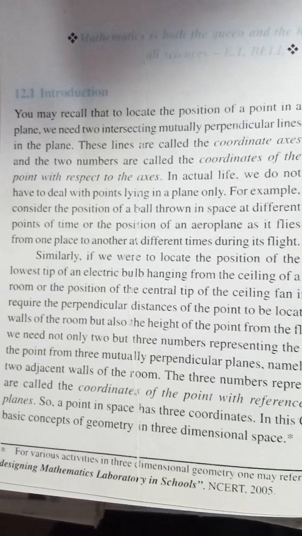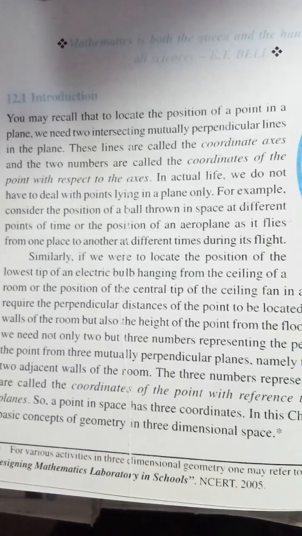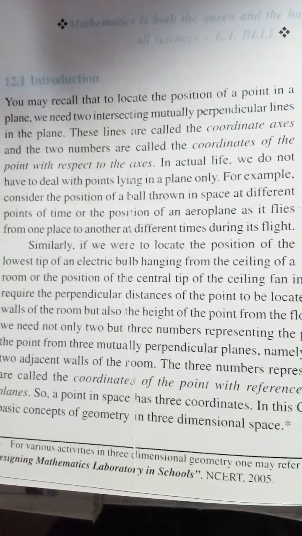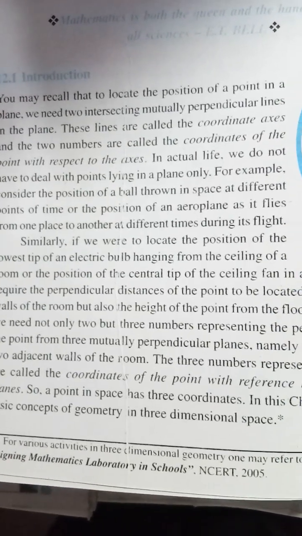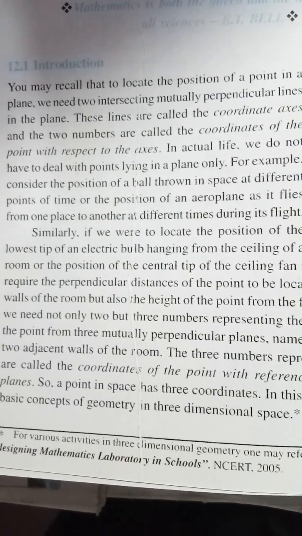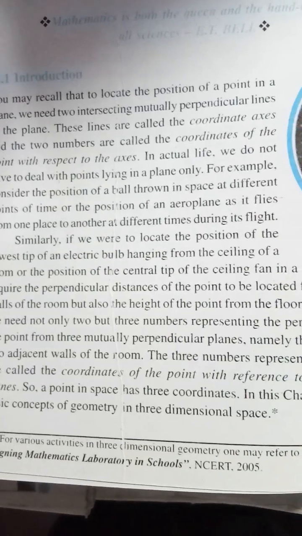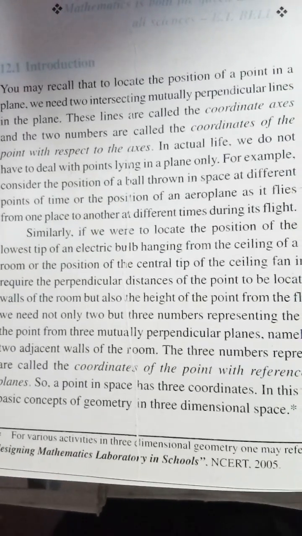You may recall that to locate the position of a point in a plane we need two intersecting mutually perpendicular lines in a plane. These lines are called the coordinate axes, and the two numbers are called the coordinates of the point with respect to the axes.